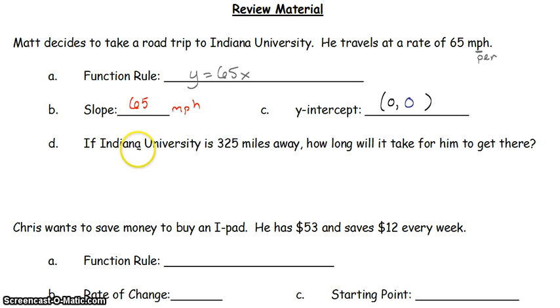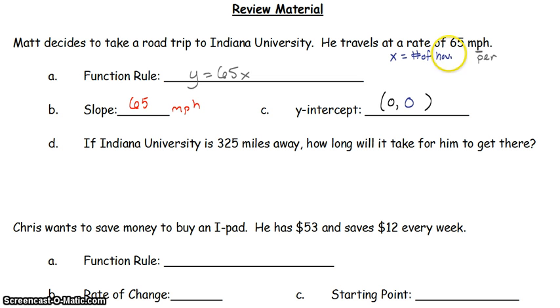The last thing is, if Indiana University is 325 miles away, how long will it take for him to get there? We have to understand what y and x are in our function rule. So that's one thing we hadn't done yet, is define our variables. If he's traveling at a rate of 65 miles per hour, x is going to be the number of hours.